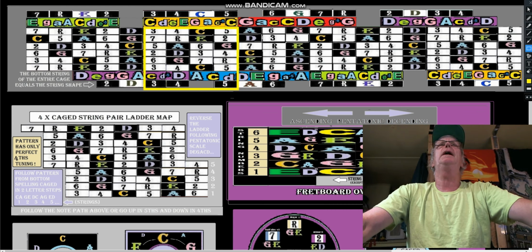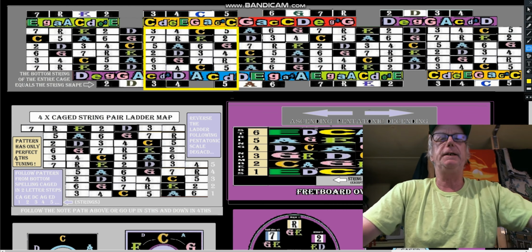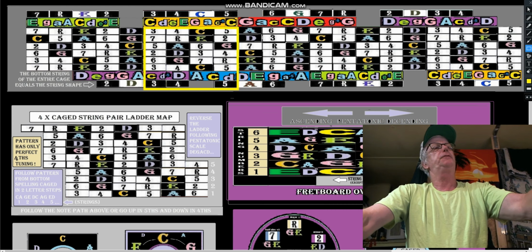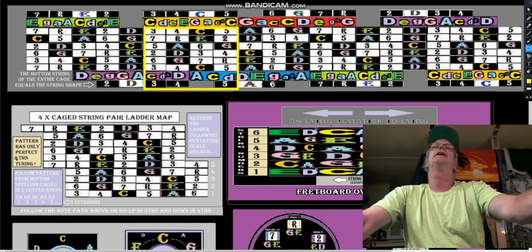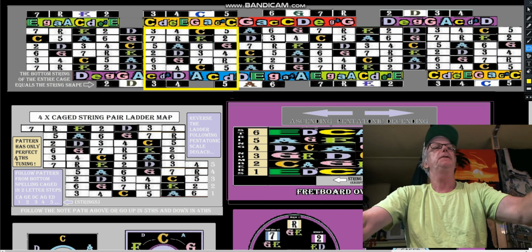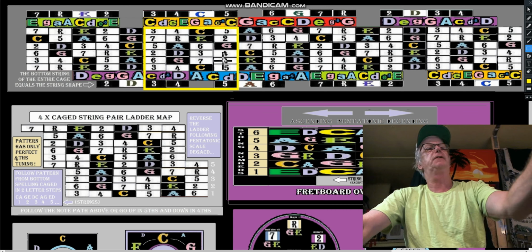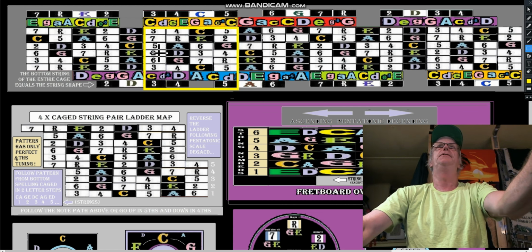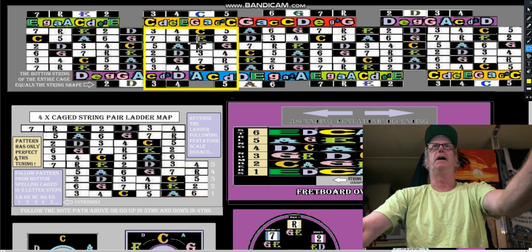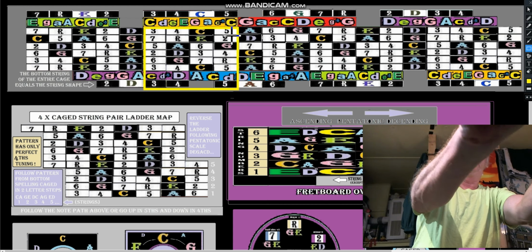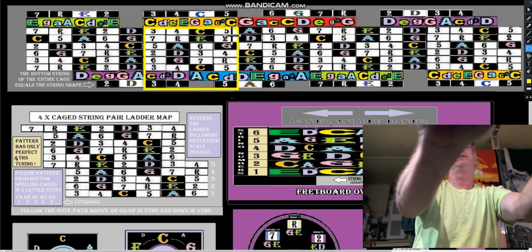But in actuality, if you want to look at it in inversions, if you look at a pentatonic scale pentatonically, you'd have 3, 5, 6, root, and then 2, 3, 5, 6, root, 2.